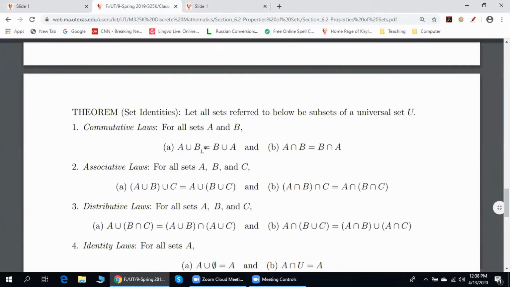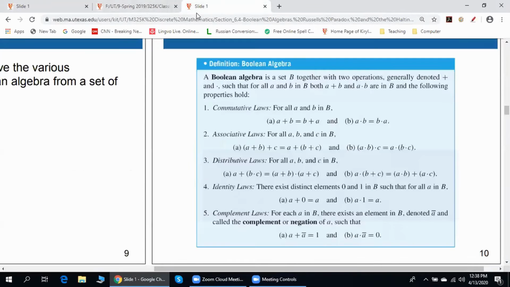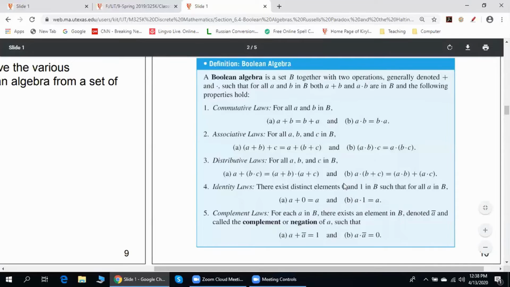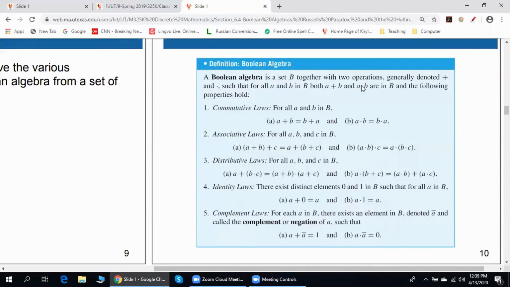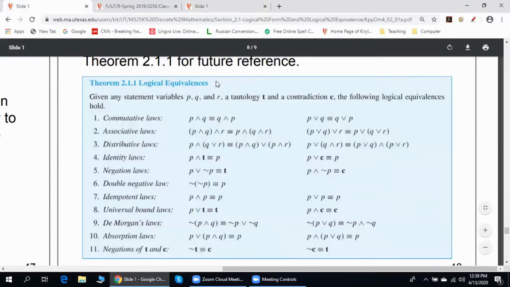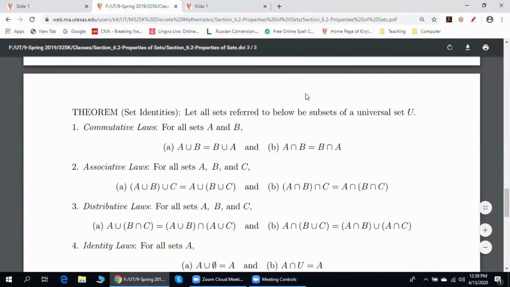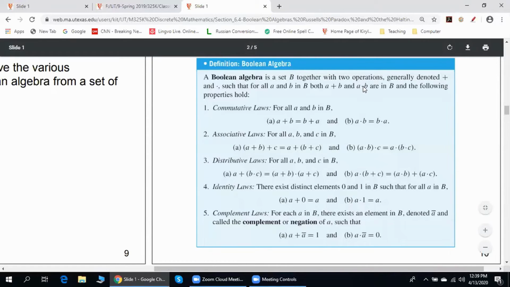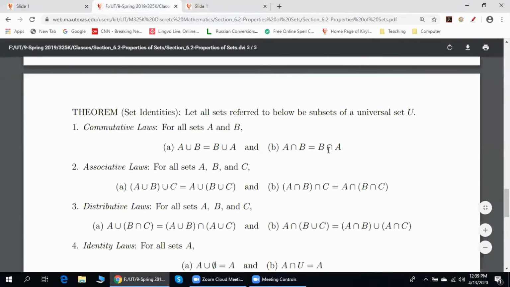So what do they call 1, 0 in Boolean algebra? In Boolean algebra, they call it 0 and 1. You can call this operation plus, you can call this operation times. In particular, plus in Boolean algebra means union in sets. Times in Boolean algebra means intersection in sets.